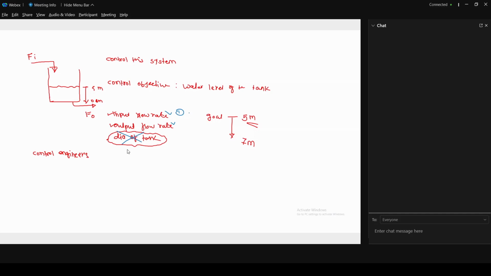Input flow rate is a correct answer, but how did you come to that one? Why do you think that the input flow rate is the answer? Do you think the input flow rate might be the good variable for manipulating water level?